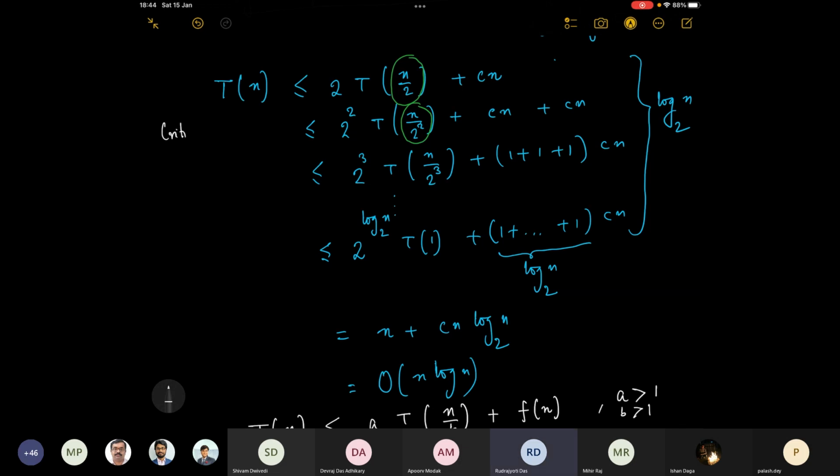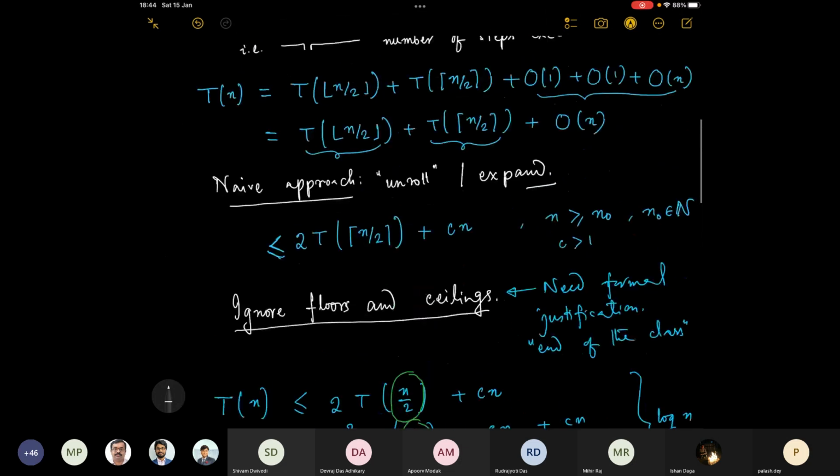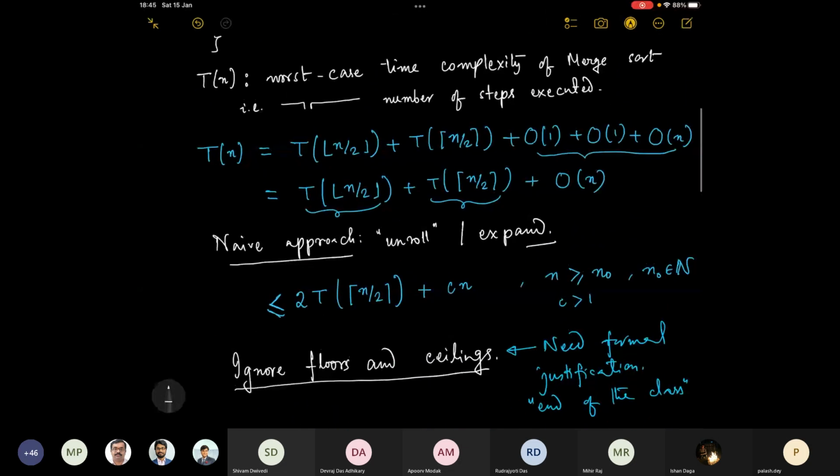So we have assumed that n will be a power of 2. Correct. Very good. You are assuming that n is a power of 2. If n is not a power of 2, then the in-between terms are fractions, and it also does not make sense. You have defined Tn to be the worst case time complexity of merge sort when it is given an integer array of size n.